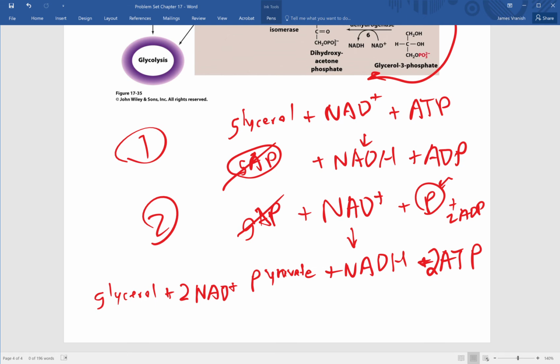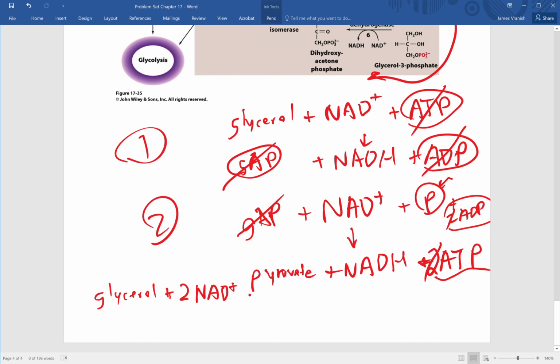So the net reaction now is our glycerol plus 2 NADs. In the reactants here, we have an ATP, and in the products we have 2 ATPs. So one of those is going to cancel out in each case, so we're going to lose this ATP in the reaction. Also, for our ADPs, we have 1 in the products and 2 in the reactants, so we're going to cancel those, and this one's going to go away.